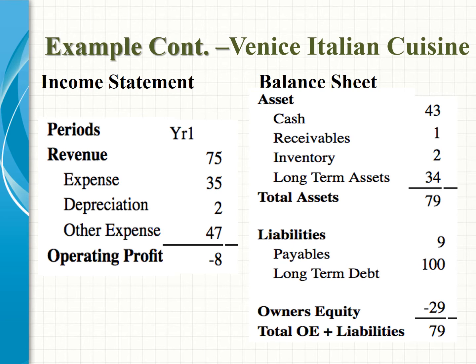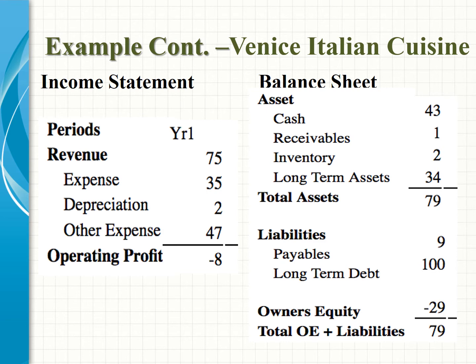Year 1. The total revenue earned was $75,000. The total expenditures were $84,000, which included $35,000 for labor, $2,000 for depreciation, and $47,000 for other expenses. After subtracting the $84,000 expenditures from the $75,000 revenue, the Epicitos lost $9,000 in the restaurant's opening year.